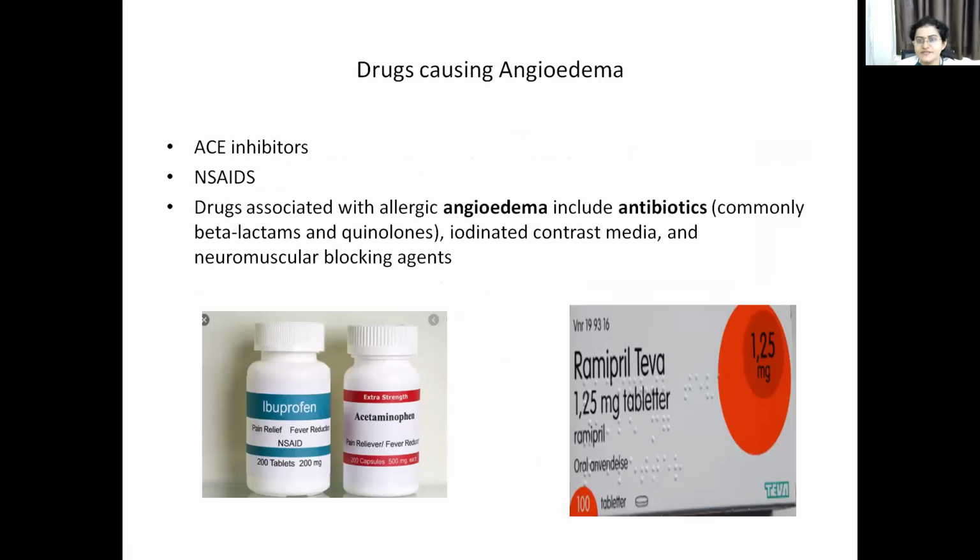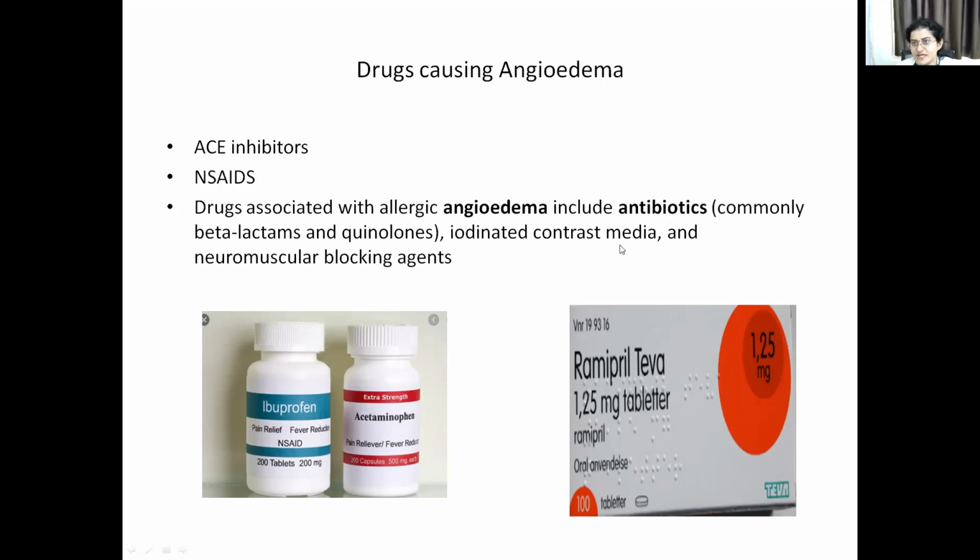Okay, so what are the drugs causing angioedema? Mostly ACE inhibitors, which I already told, ramipril, captopril, enalapril, lisinopril, all prils are ACE inhibitors. NSAIDs like ibuprofen also cause it. And some drugs cause allergic angioedema, that is antibiotics, mostly beta-lactam and quinolones. Mechanism is not known, but they may cause angioedema.